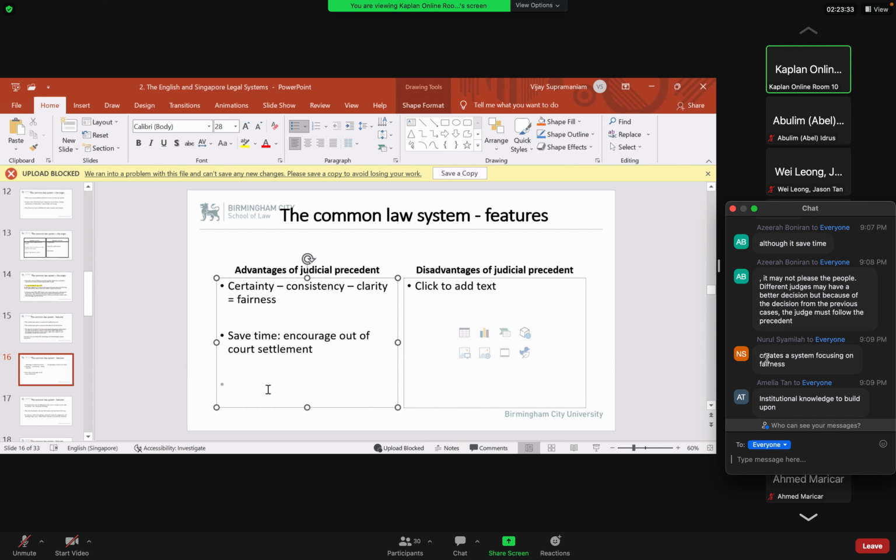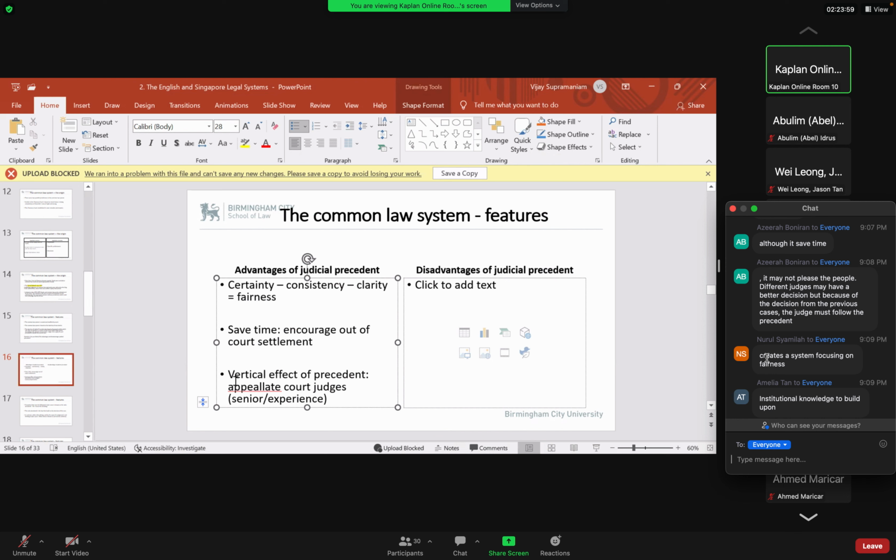So what I will say is the whole vertical effect of precedent. That's what Amelia is trying to say. The appellate court judges are much more senior, they have more experience.